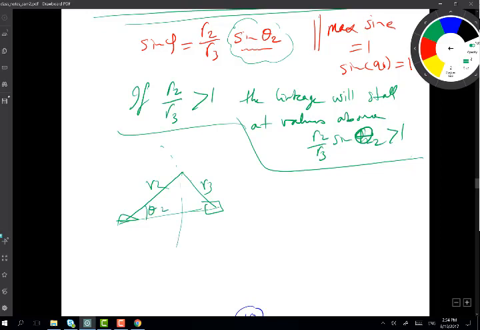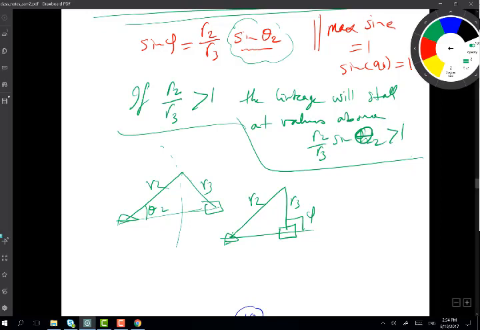You will come to a situation where the linkage looks like that, here that's R2, R3, this is phi, and this is as far as it can get, because phi cannot fall below 90 degrees.